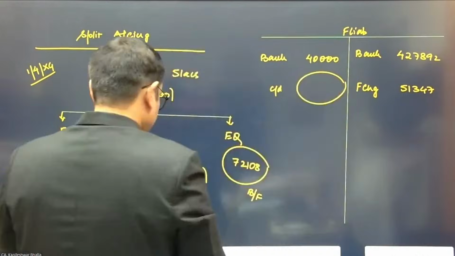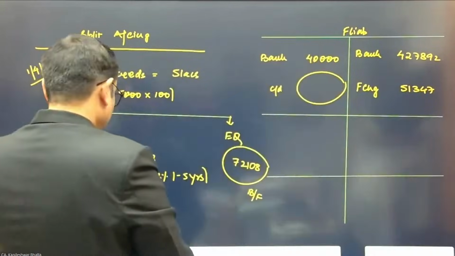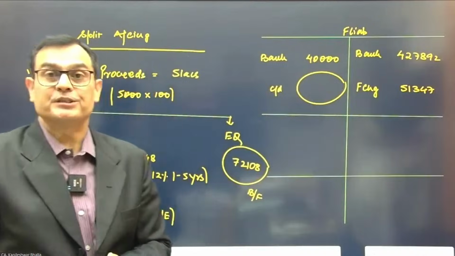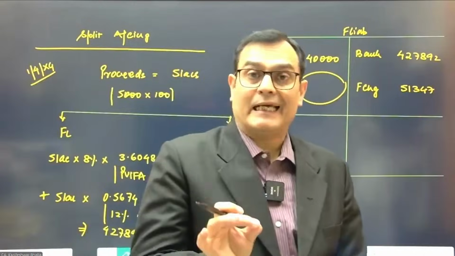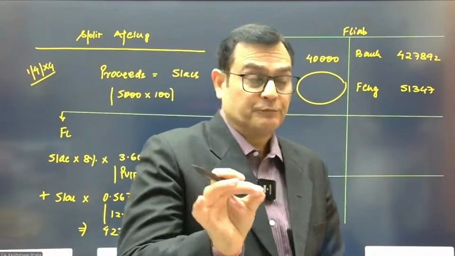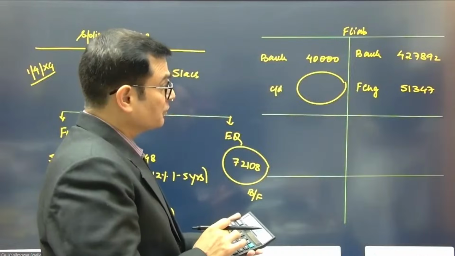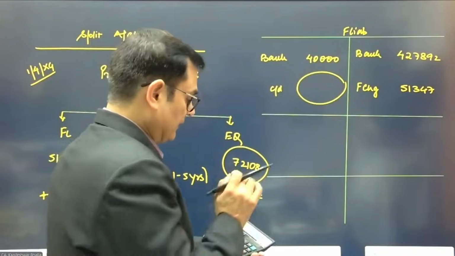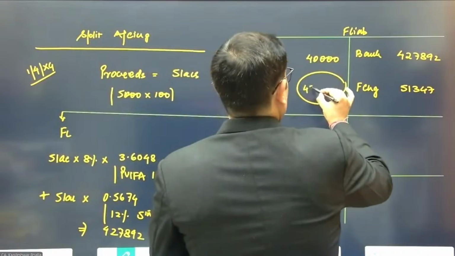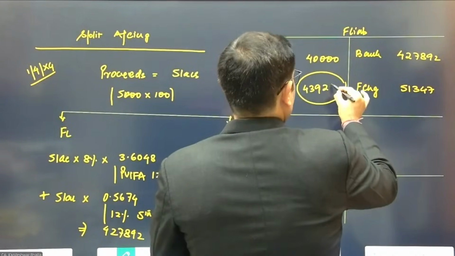We get the balance CD as a balancing figure. We're just making this ledger account for a period of 3 years to get the status of the financial liability as on the date of early redemption. So 427,892 plus 51,347 minus 40,000 is 439,239.